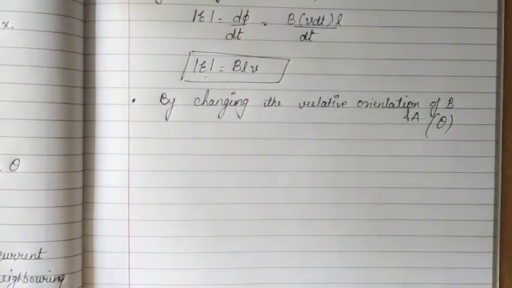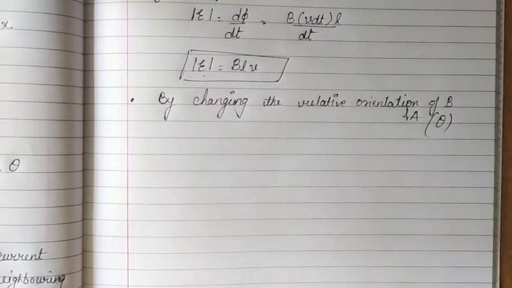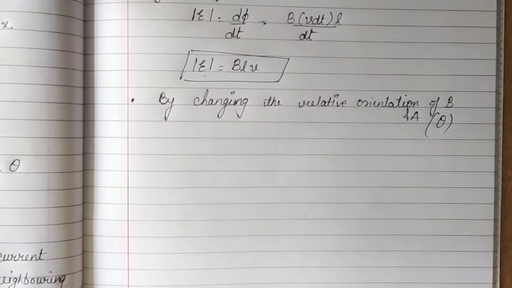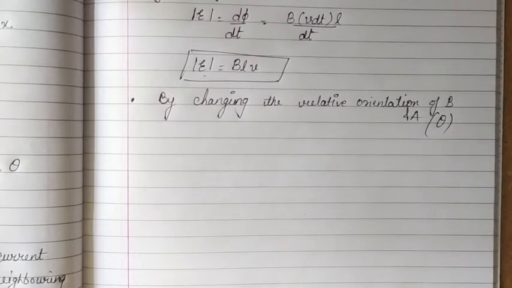By changing theta, we can also change the magnetic flux, and an induced EMF will be set up there. So for this, we consider a coil PQRS that is free to rotate in a uniform magnetic field, and the axis of rotation of the coil is perpendicular to the field. This is what we are considering.